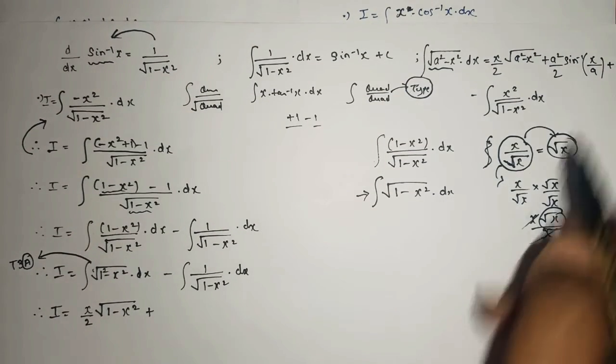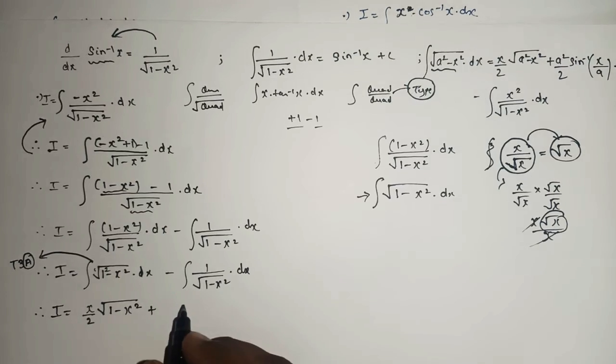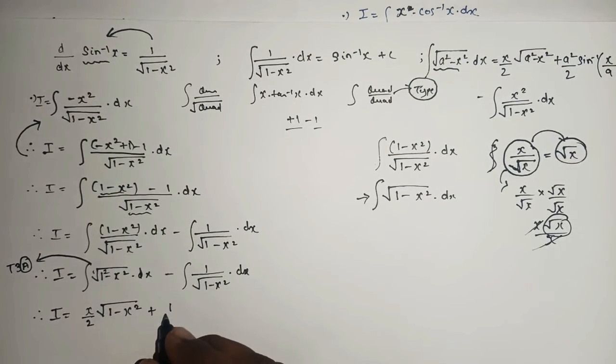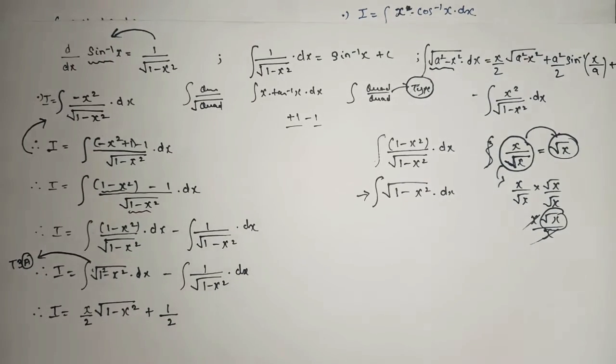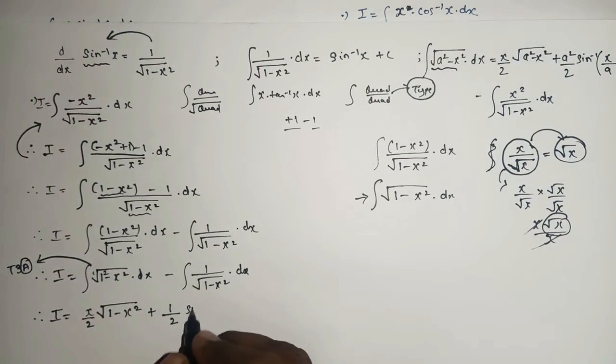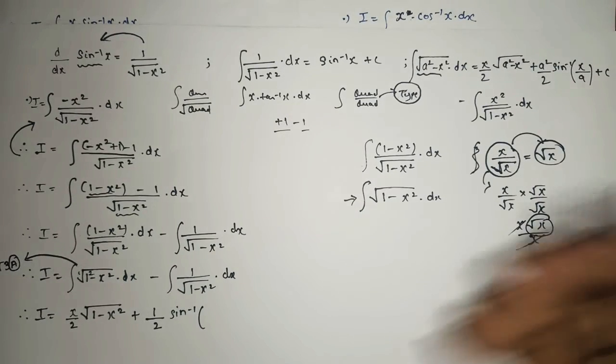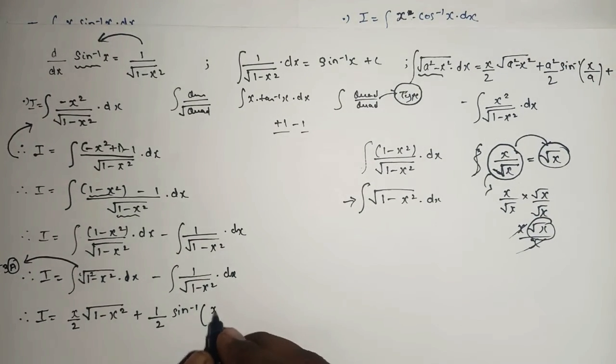Then here it is what? Plus, then a square upon 2. A square, what is there in place of a? It is 1. So 1 square is 1 upon 2. Yes or no? 1 upon 2. Then sine inverse x by a. What is there in place of x? It is x only.